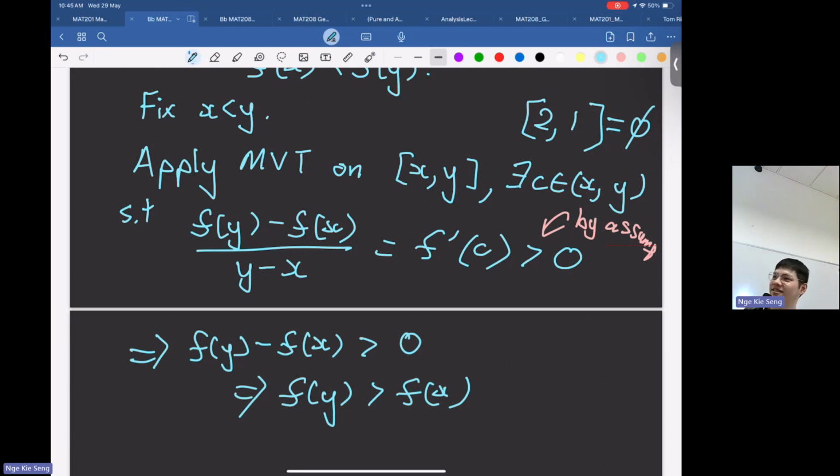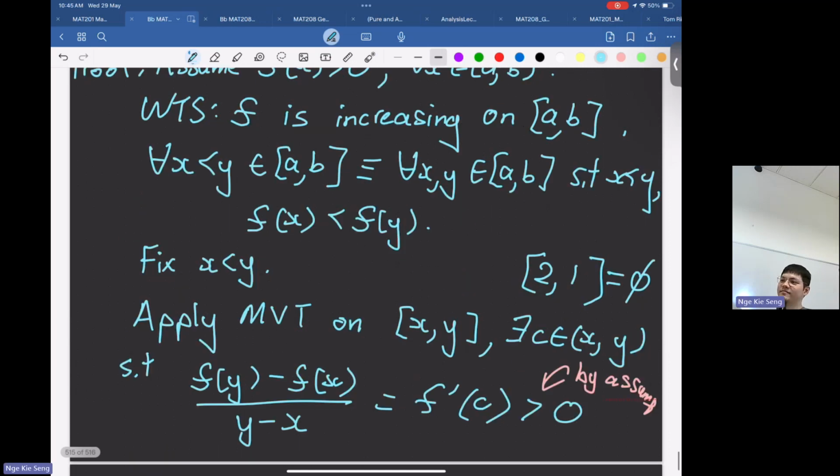Yes, question. If the quotient (f(y) minus f(x)) over (y minus x) is larger than 0, then either both are positive or both are negative. You mean maybe one of them is positive and one is negative?